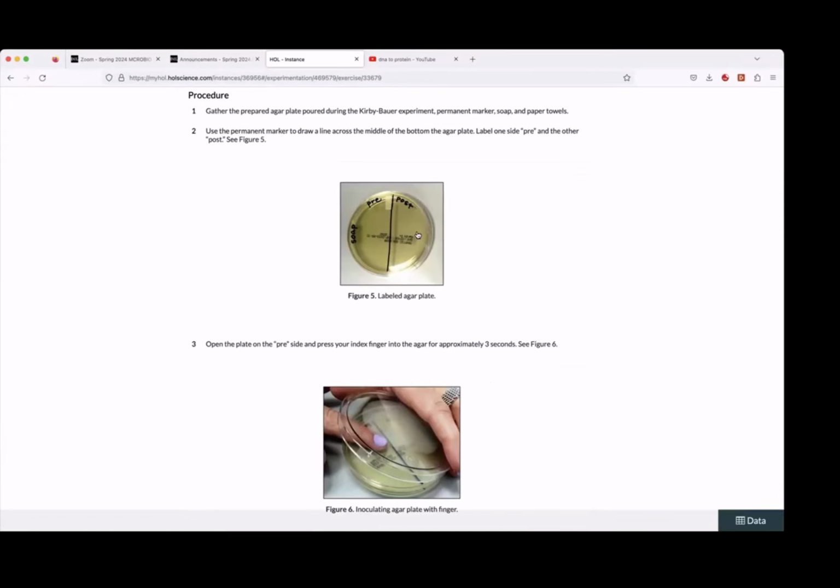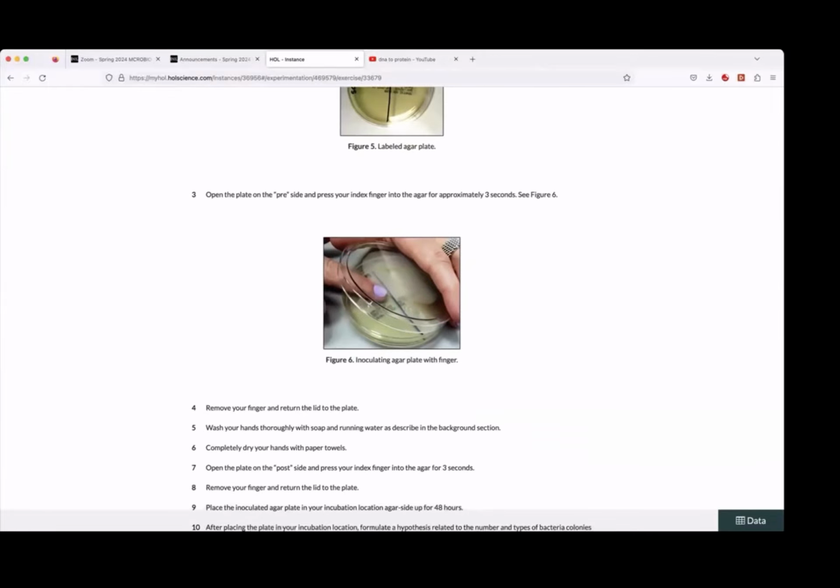And after washing my hands with soap for 20 seconds, I come back and let it dry completely, air dry. I don't touch anything because that may contaminate your fingers. Although water doesn't have any bacteria in it, you never know, just to be careful. After air drying, your thumb or your index finger, just press on the post side, meaning after washing your hands with soap.